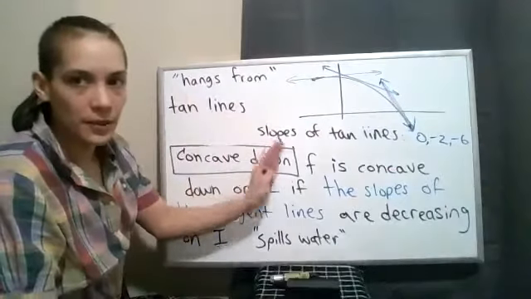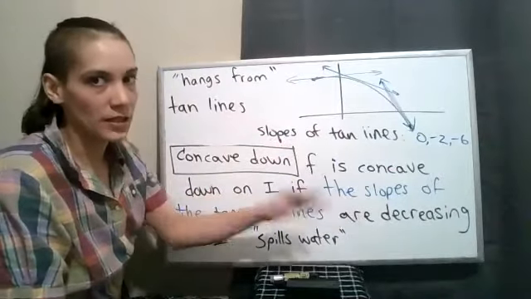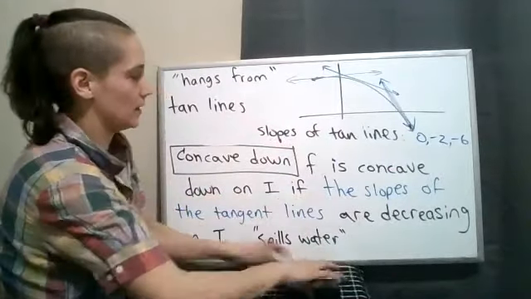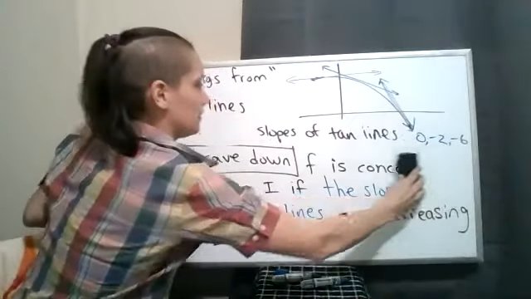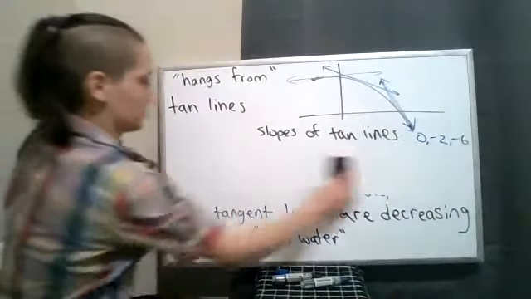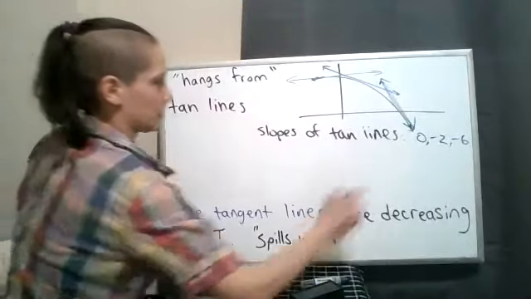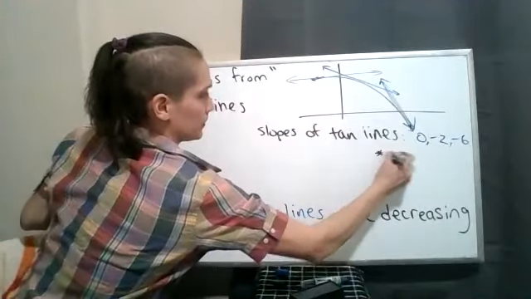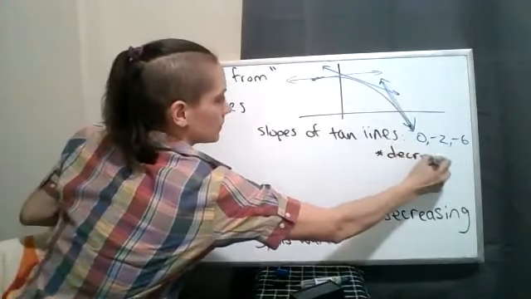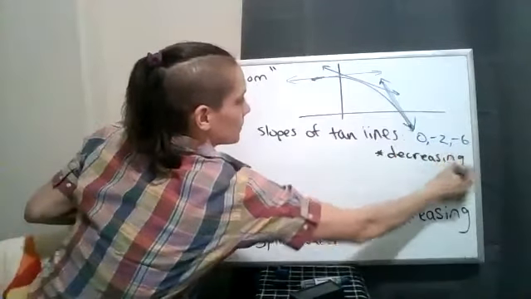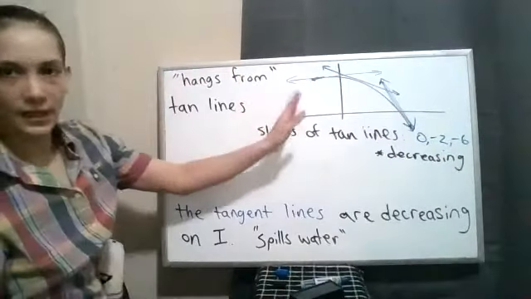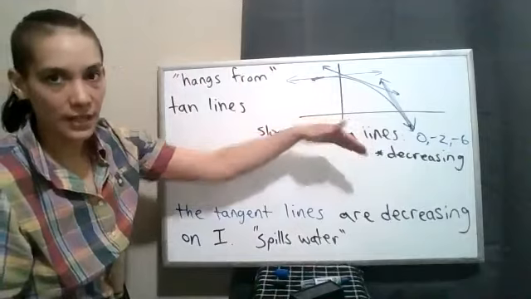So 0 to -2 to -6, we keep on decreasing. This graph is concave down.